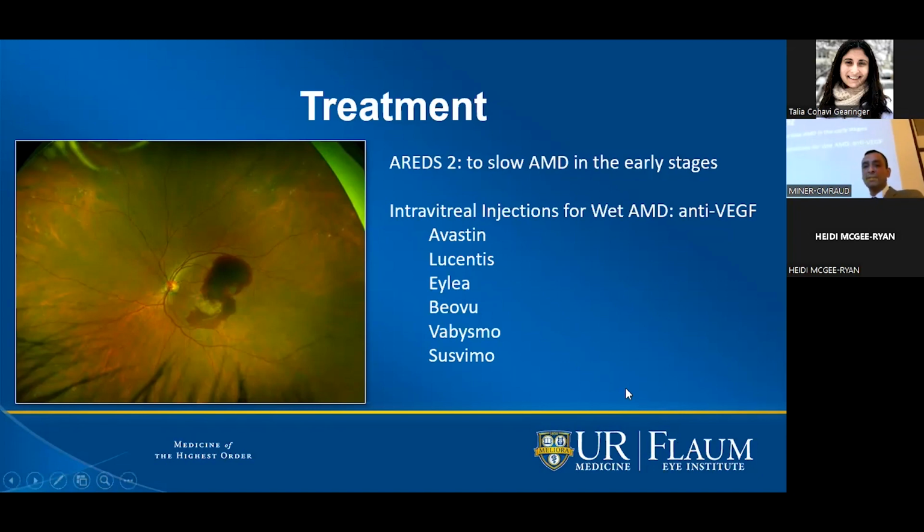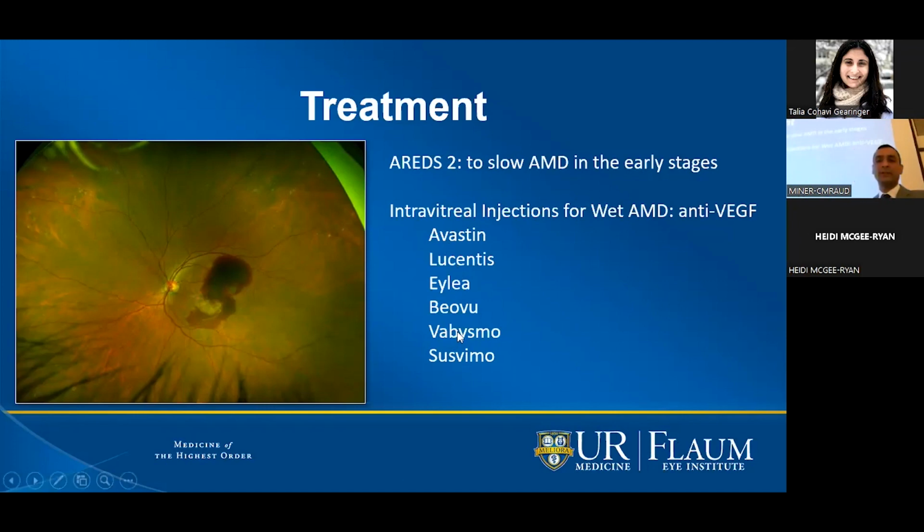Unfortunately, most of these injections last a certain number of weeks, and so we end up repeating the injection over and over again, and hence you have your clogged up retina clinics and clogged up OCT machines. Over the years, we've had several of these injections.